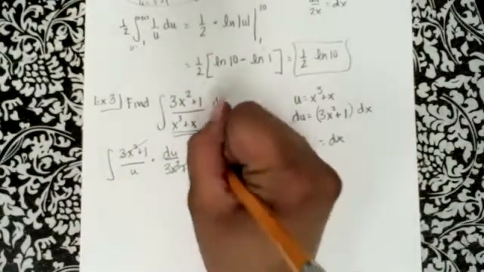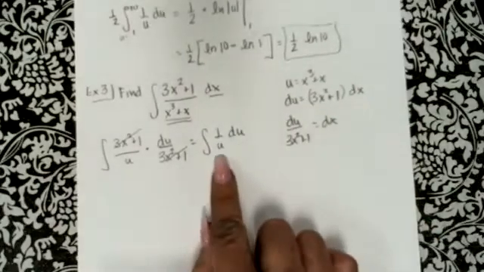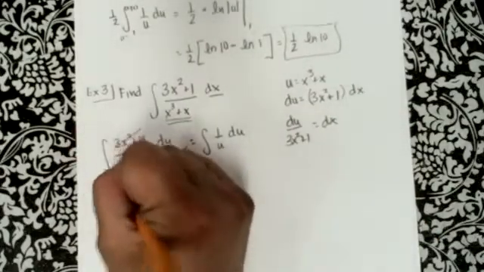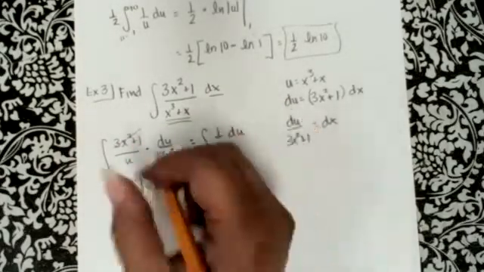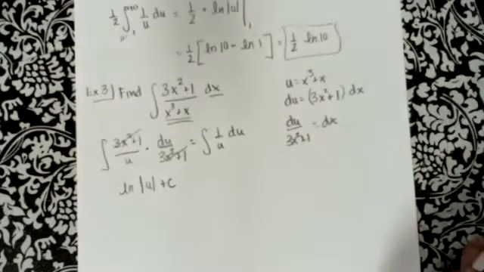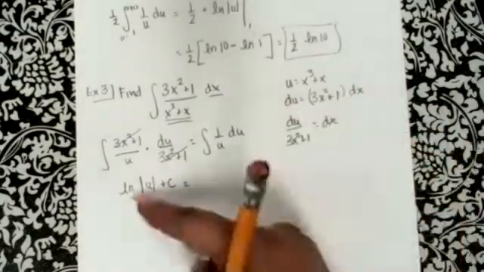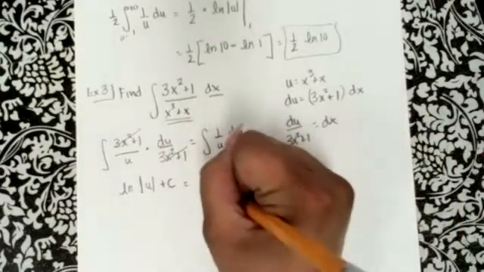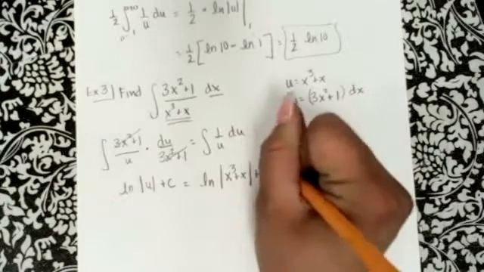And now I'm left with the antiderivative 1 over u du. Antiderivative 1 over u is going to be natural log of absolute value of u. And because it is an indefinite integral, I need to have that plus c. And lastly, plug the u back in. So the final answer is natural log of absolute value x cubed plus x plus c.